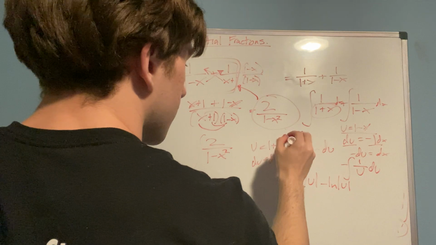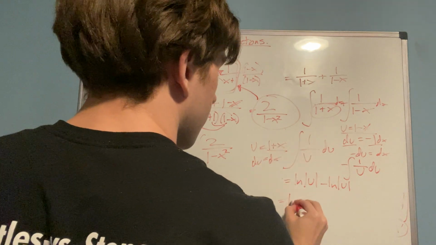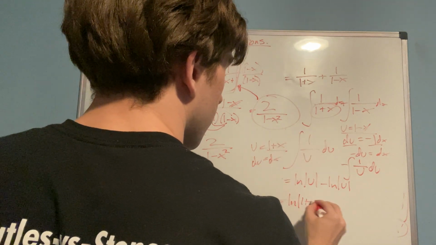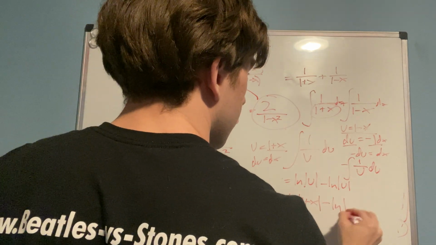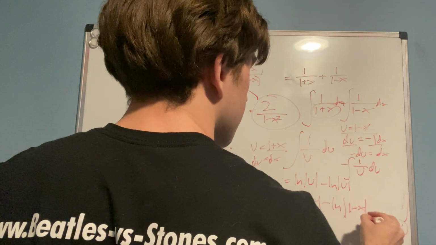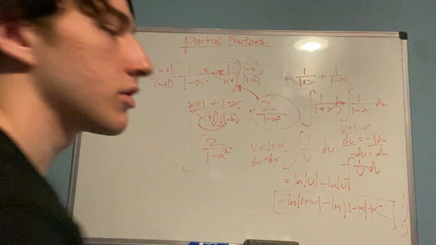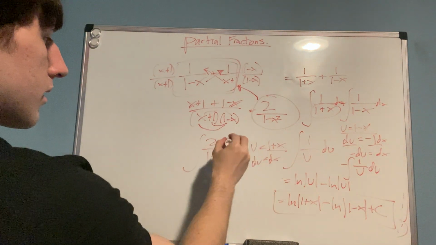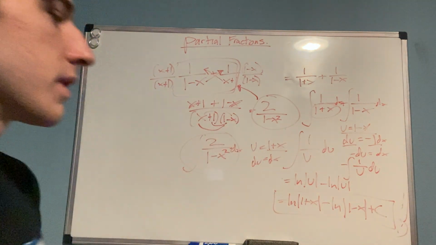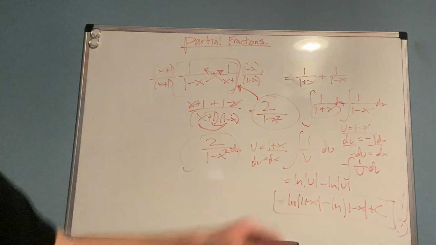And so plugging in our u's for our integral, we would get minus ln of 1 plus x minus ln of 1 minus x plus c. And so that would be the answer for this integral, that would be the solution.